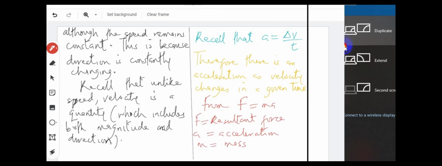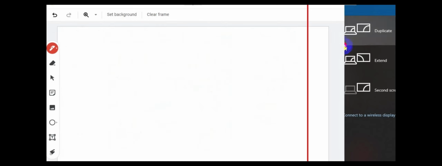So if there is an acceleration, that means the object has a resultant force acting on it.